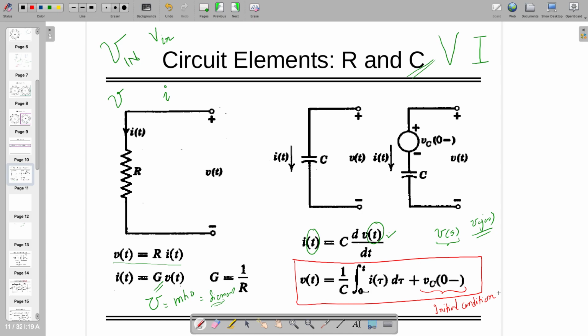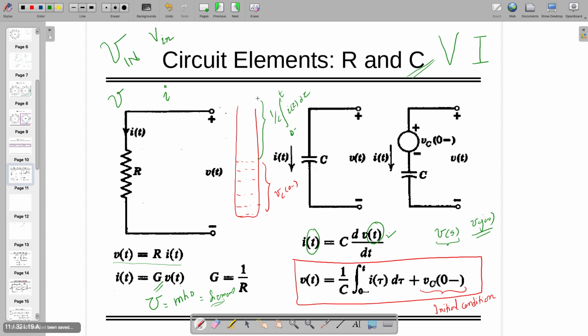It's a kind of tank. If it is previously filled, then whatever you add will go on top of that. That will be Vc of 0 minus, and you add something on top, which is 1 by C integration from 0 minus to t of i of tau d tau. It depends on the dynamics of the capacitor you are using, and that gives you the integration depending on the value.